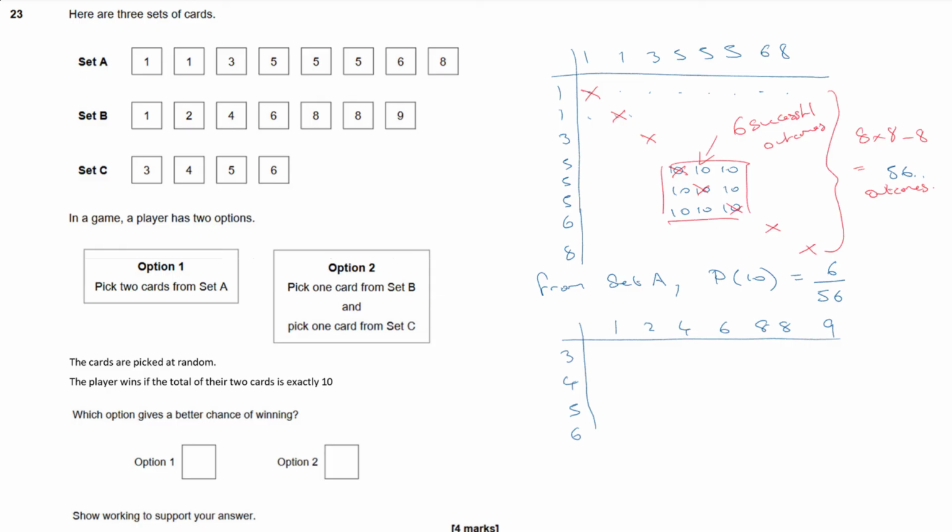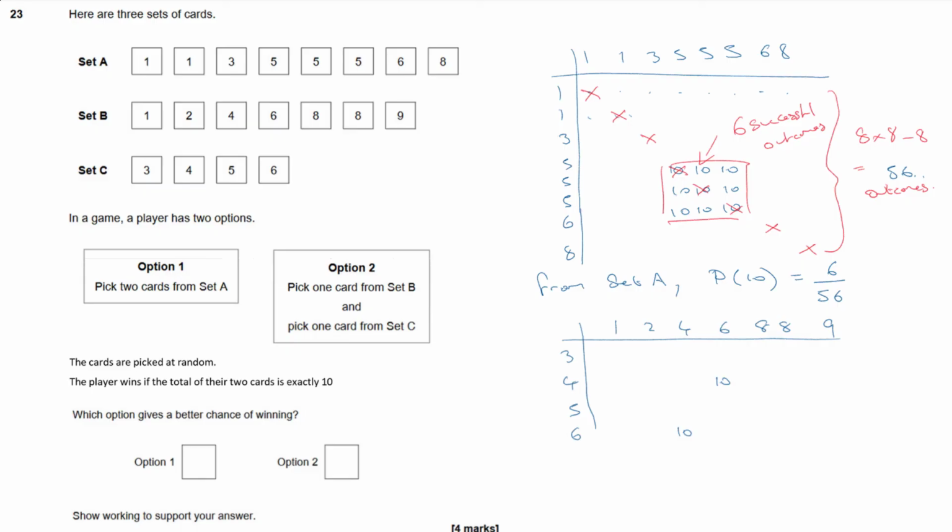Are any of them going to give me 10? Well, the 4 and the 6 is going to give me 10 there. So I'll have a 10 there with the 4 and the 6. And the 4 and 6 in the other direction is going to give me a 10. Are there any more 10s? 3, no. 4, got that, just that one. 5, there's no 5 to match it with. 6. So there are only 2 options, isn't there?